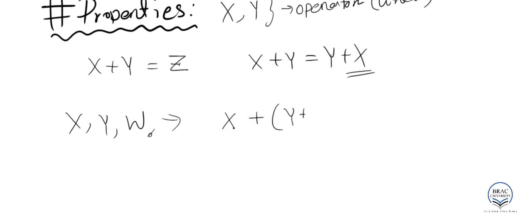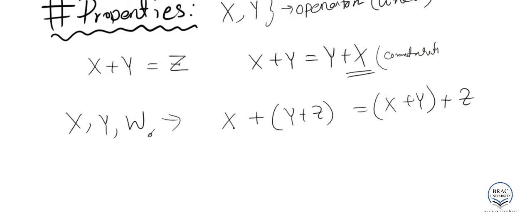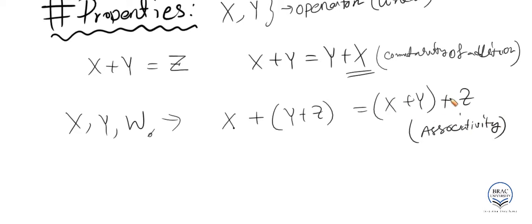That is, first you do y plus z and then you add x, which is equal to x plus y and then z. So these brackets don't matter. So this is the commutativity of addition, and this is called the associativity. And again, if you work in finite dimensional space, you can always compare these properties with standard matrix addition.